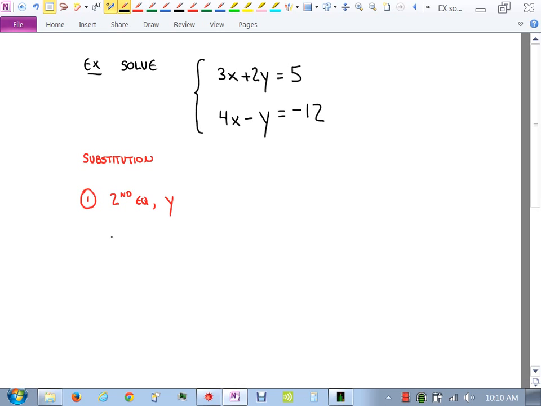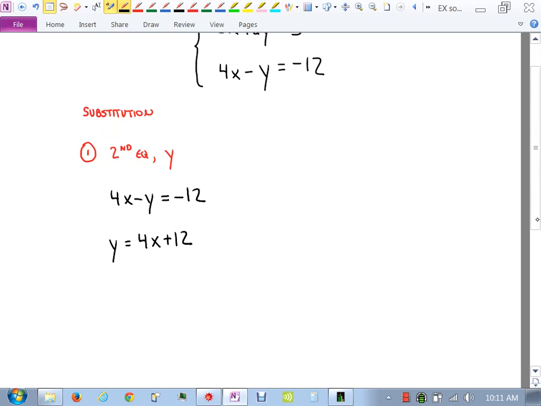So I'm going to write this down, 4x minus y equals -12. And then I'm going to write y equals 4x plus 12. What did I do? I moved the y to the right. I moved the -12 to the left, didn't I?